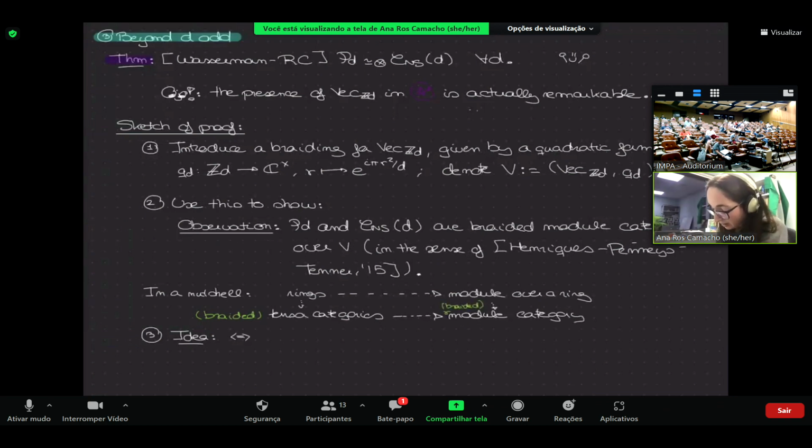Once we saw that this actually happened, we noticed that these two notions are really exchangeable: braided module categories over V, or being enriched over V.